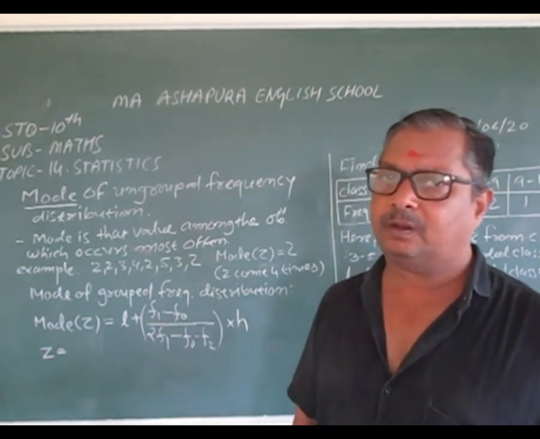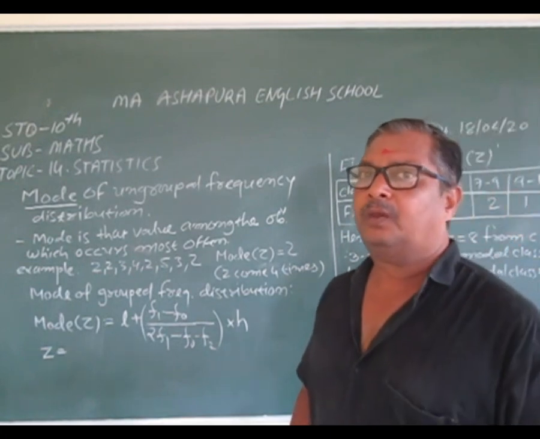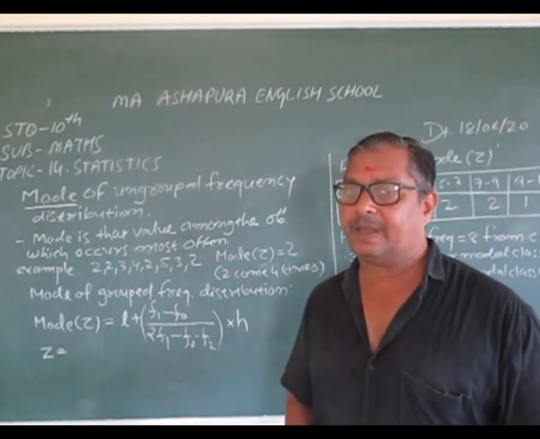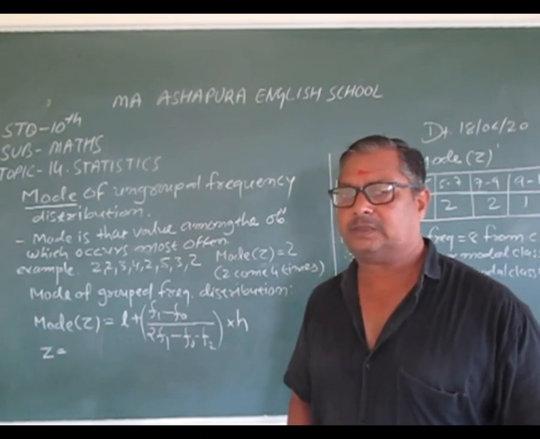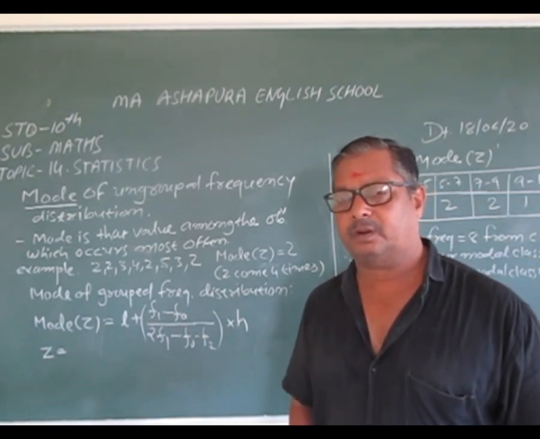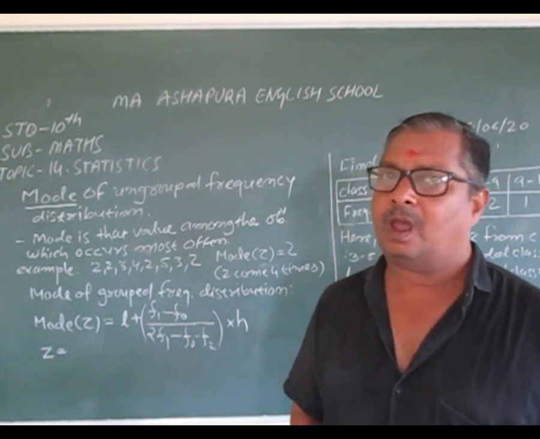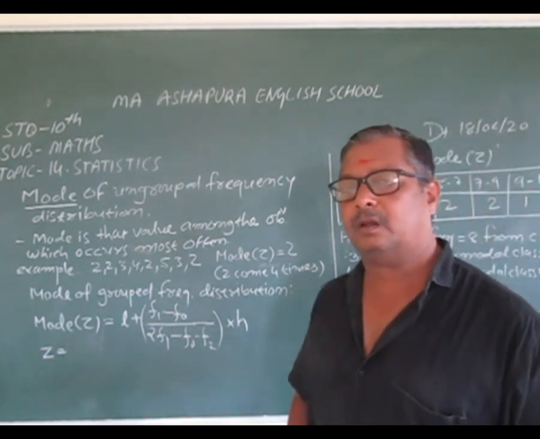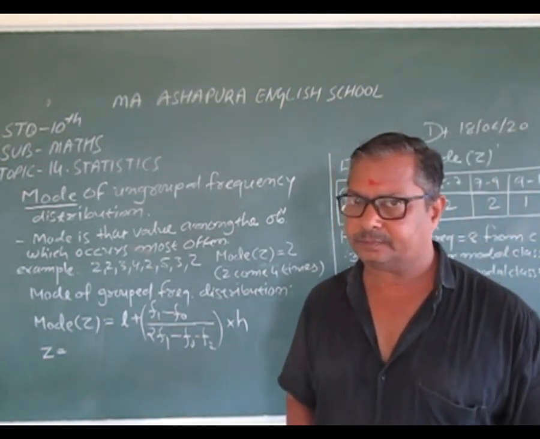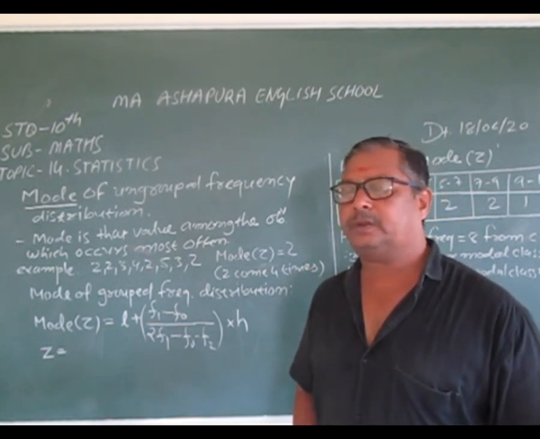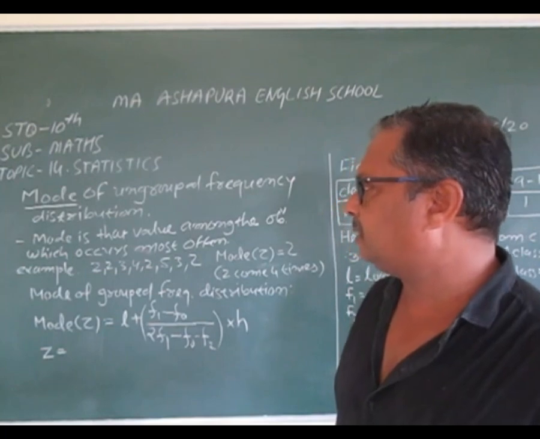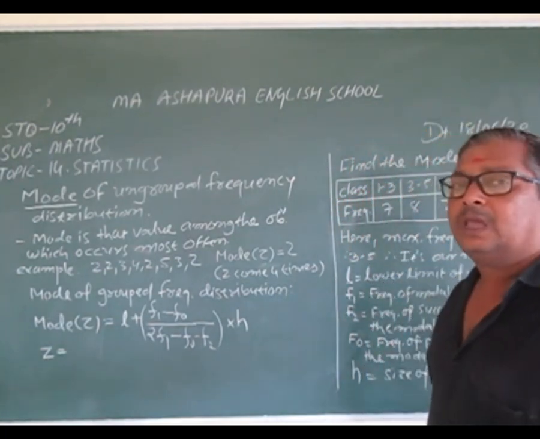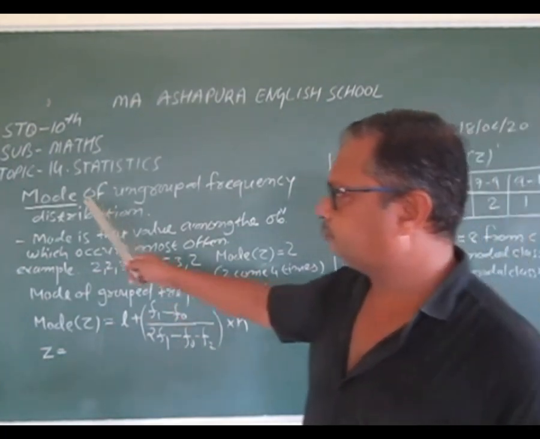In the process of finding the mean, we have learned three methods: the direct method, the assumed mean method, and lastly the step deviation method. Now today we are going to study the second measurement of the central tendency, which is called the mode.